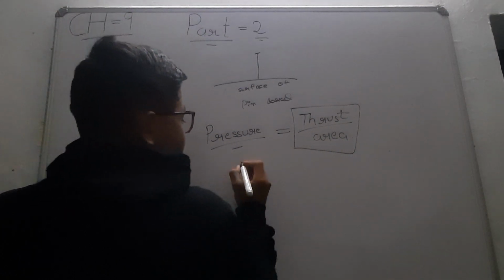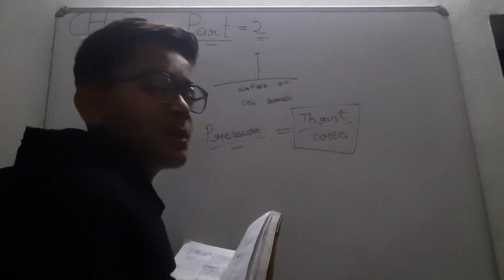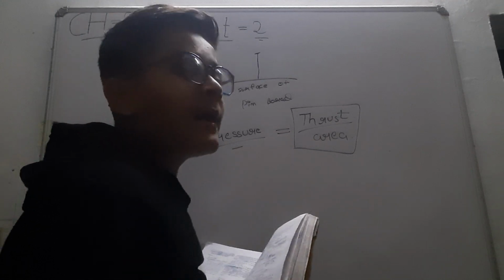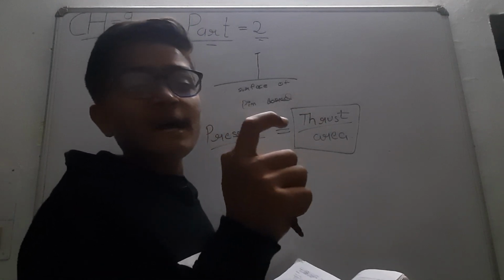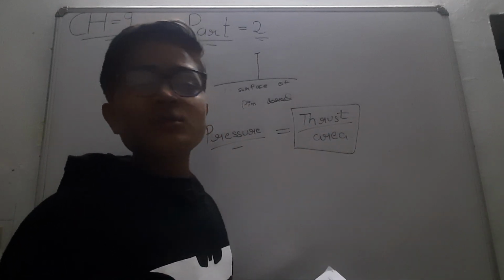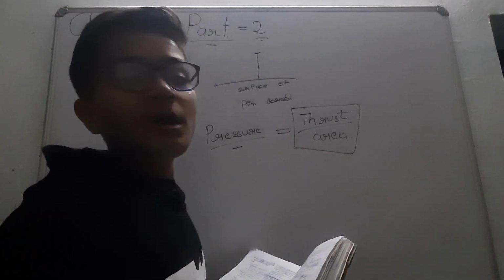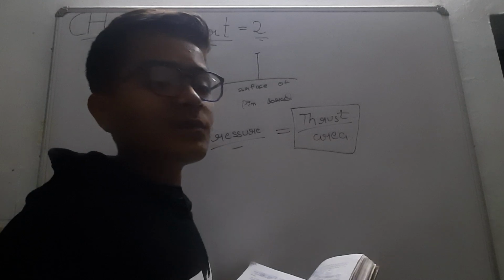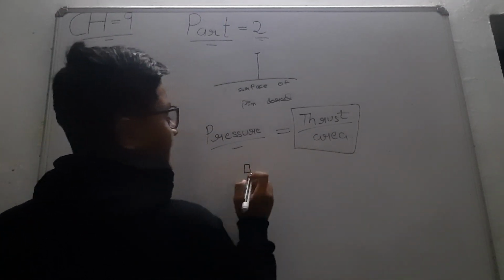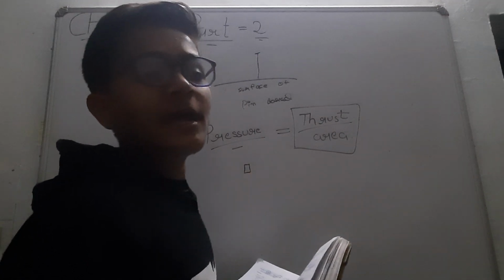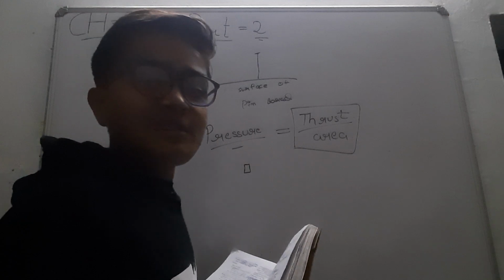Let's take an example of a truck. You might have seen that in a truck, the tires are broader than the tires of a car, because the truck has to load many tons of weight. If the contact area of a tire is less, the pressure will increase.